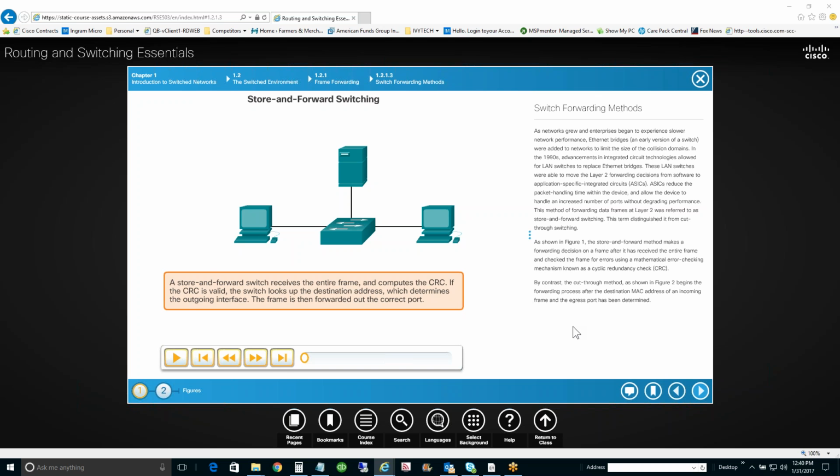You need a more powerful switch from a performance standpoint to do this. Cisco switches do store and forward by default, whereas the cut-through method, although configurable, is not typically used. The benefit of cut-through is that it's a lot faster.